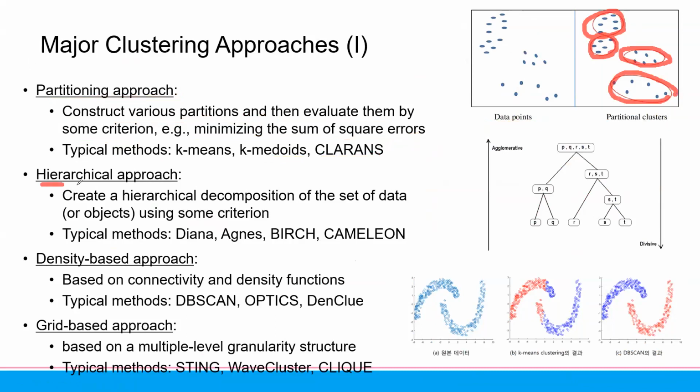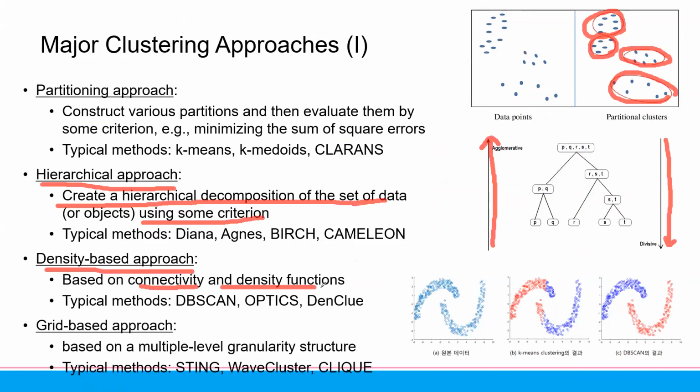Or we can have another approach, which we call the hierarchical approach. Create a hierarchical decomposition of a set of data using some criteria. Later we will learn about agglomerative or divisive methods. Density-based approach is based on connectivity and density functions.